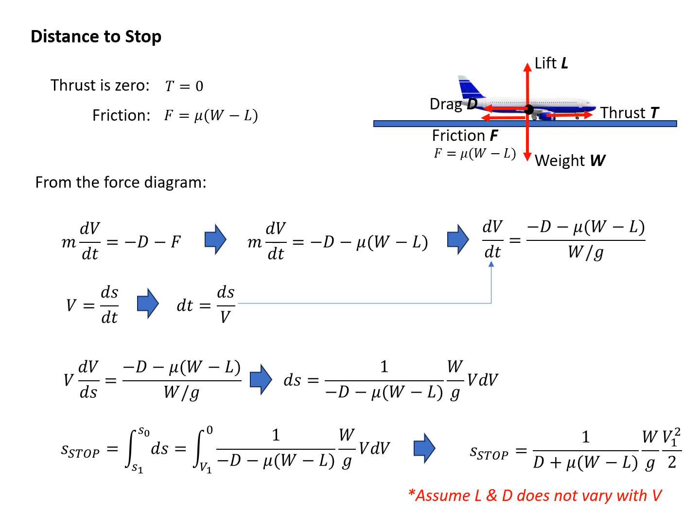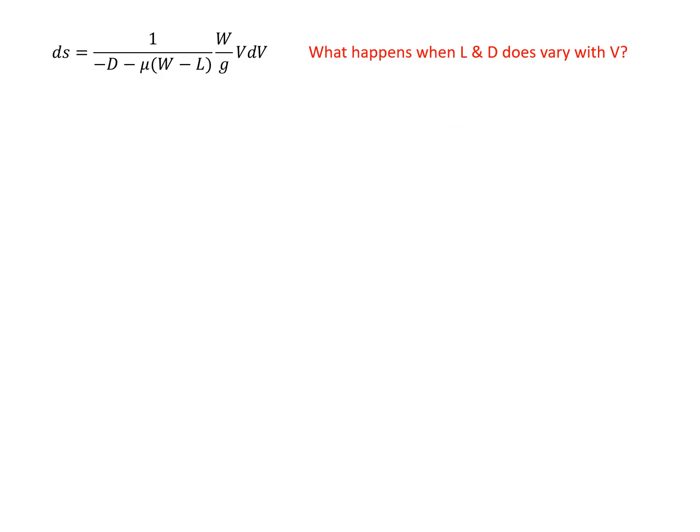Then we have the question: what happens when L and D do change with velocity? In this case, we can't consider the coefficient before dv as a constant, so we need to do some additional steps.